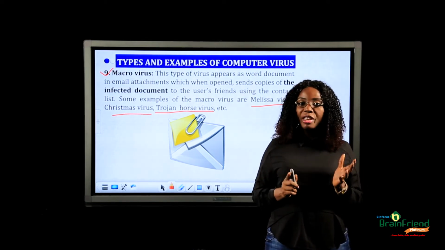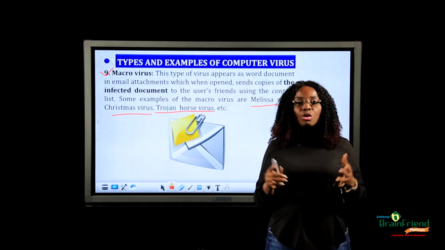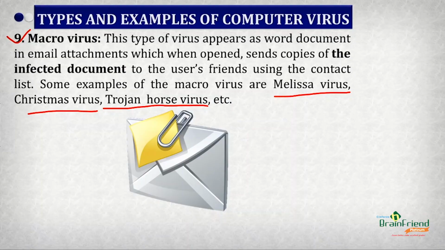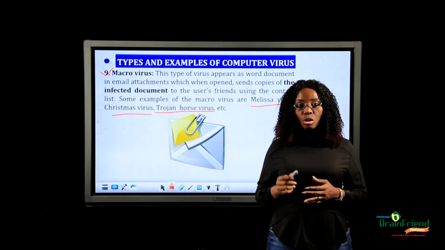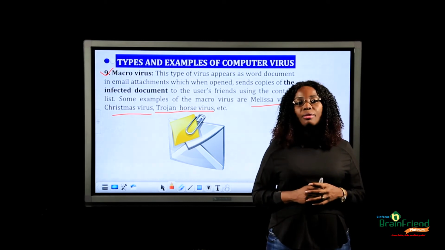So far, we've seen how different viruses behave and the damages they can cause. But still, prevention is better than cure. So in order to know how to prevent these viruses, it is important that we identify the different sources through which computer viruses can be introduced into our computers. That is why in the next part of this lesson, we're going to look at the different sources of computer virus infection.